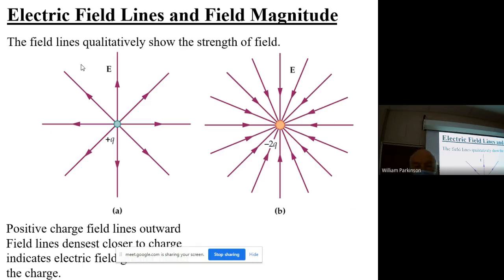Now, what is interesting is I'm pretending that charge plus Q on the left and charge negative 2Q on the right are not interacting and influencing each other. I'm pretending there's no influence on charge plus Q by charge negative 2Q. I'm trying to indicate by the way the lines are nice and straight that there's no influence on charge negative 2Q by charge plus Q on the left.